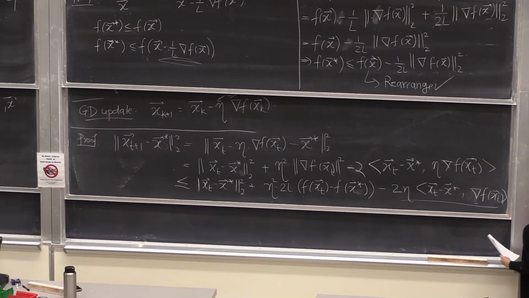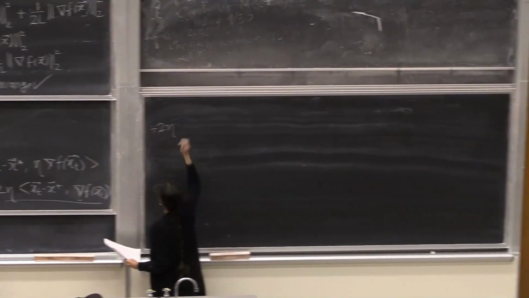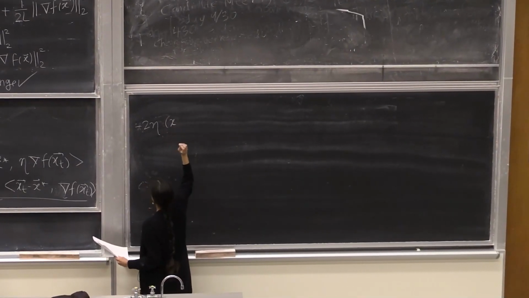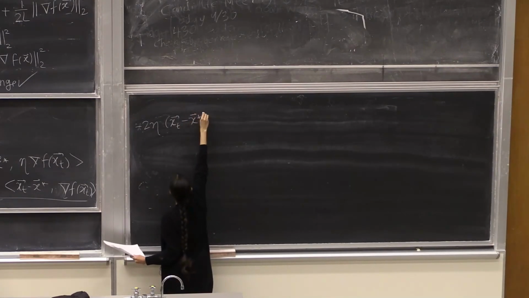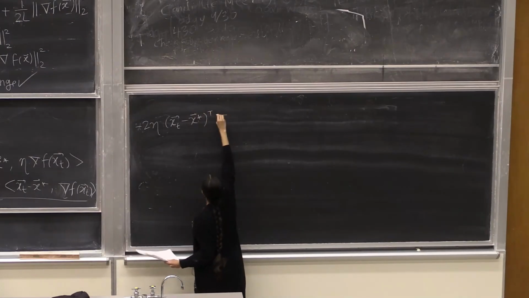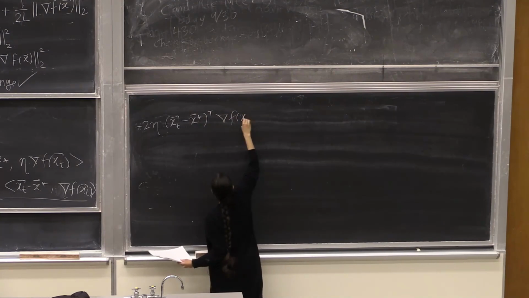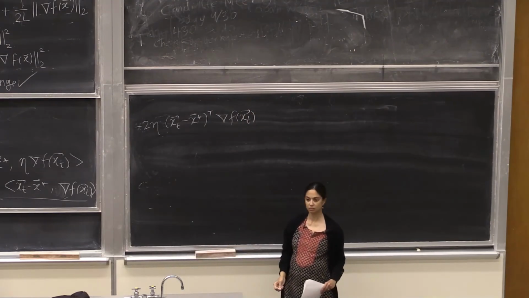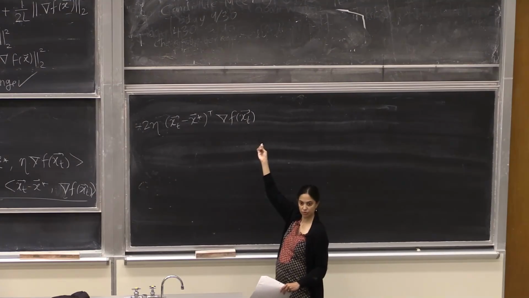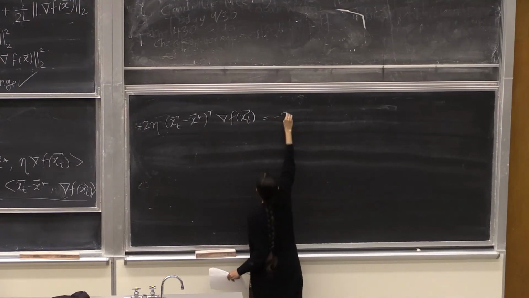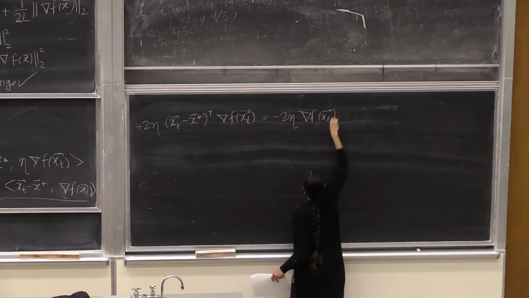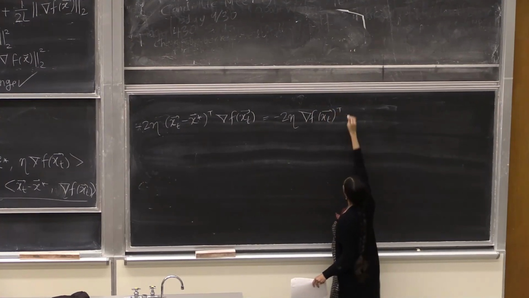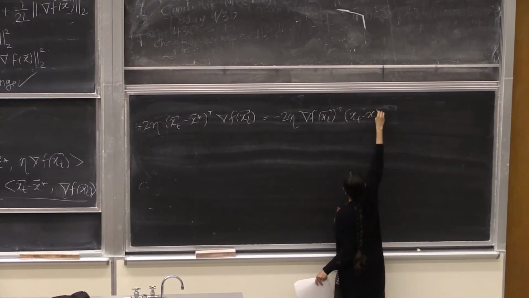If I have minus 2 eta times the inner product of xt minus x star with the gradient, that term is just the inner product, which is equal to minus 2 eta, and I can write it as gradient of f of xt transpose, xt minus x star.